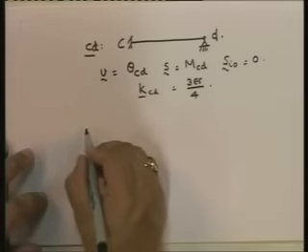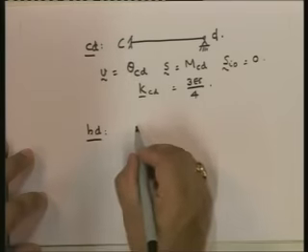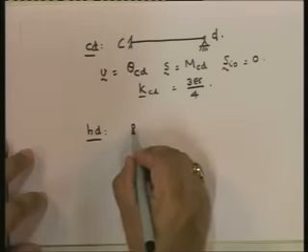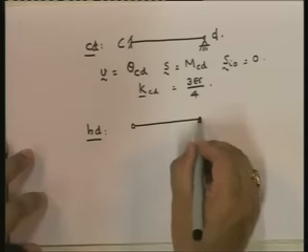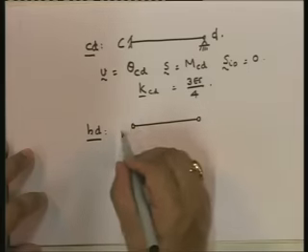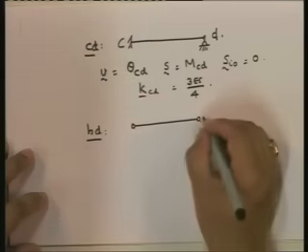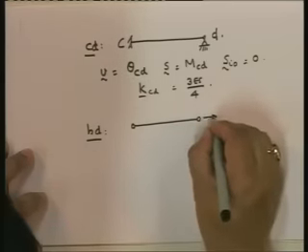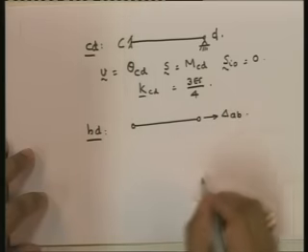Now we have another additional member, BD. What kind of a member is it? It is a member of this type, pinned at both ends, and it is only subjected to axial deformation.